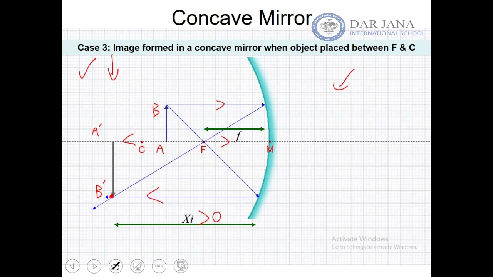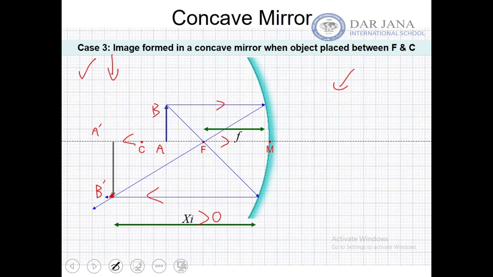As we see here, as a review, if the incident ray is parallel to the principal axis, the reflected ray will pass through F. But this one, the incident ray, passed through point F, so its reflection will not pass through point F. It will be parallel to the principal axis, because the incident ray is not parallel to the principal axis.